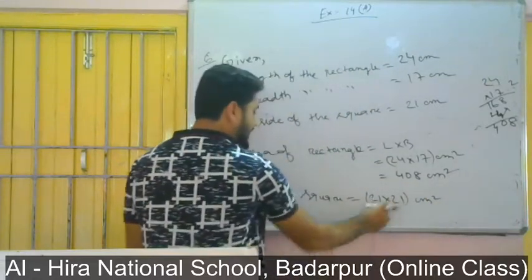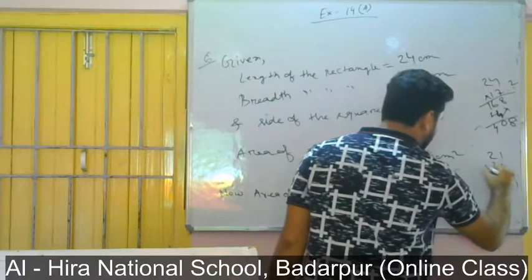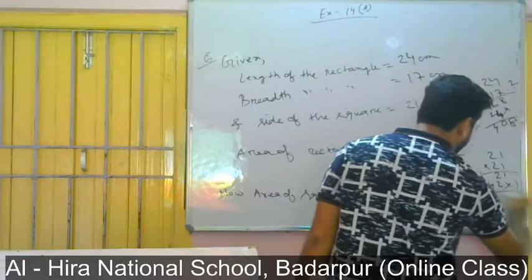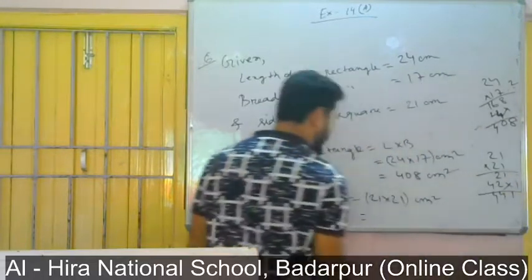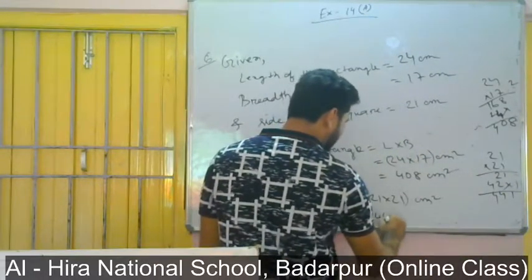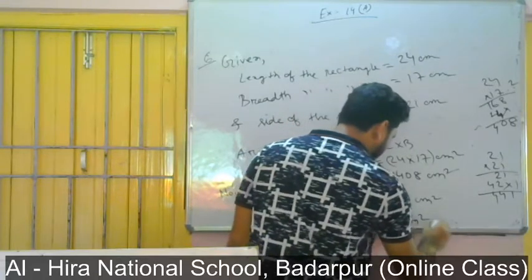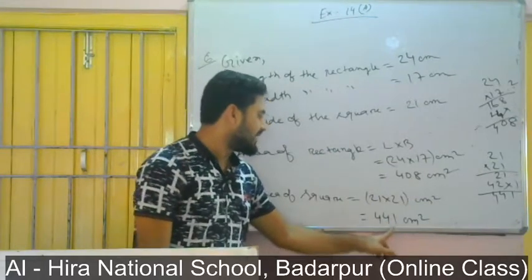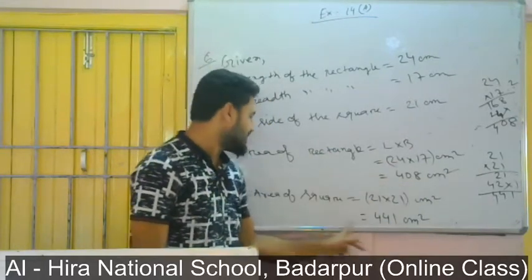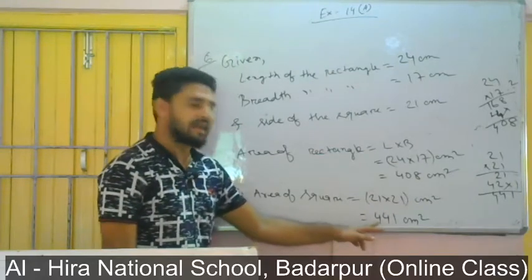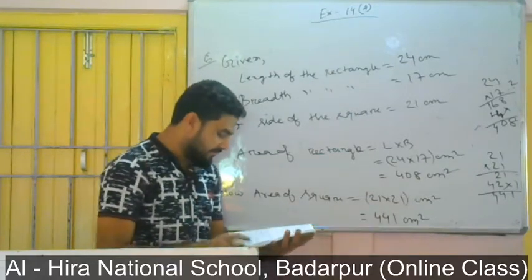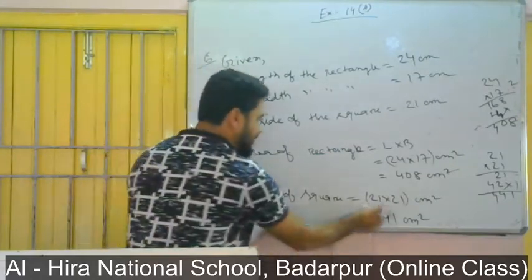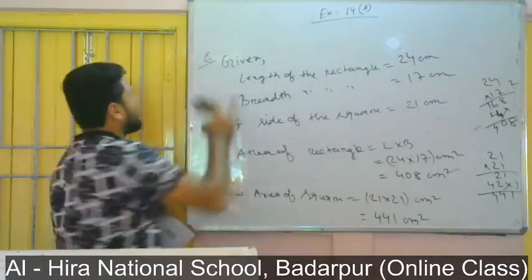If we multiply 21, then what answer come? 21 1s are 21, 2 1s are 2, 2 2s are 4. 441 centimeter square. So you see from the value we can compare 441 is greater than 408. That means the square has greater area or big area or larger area, and by how much? If I subtract, then we'll get.